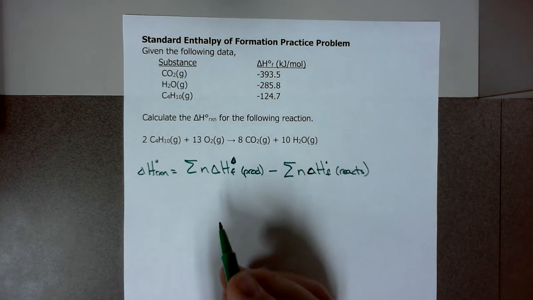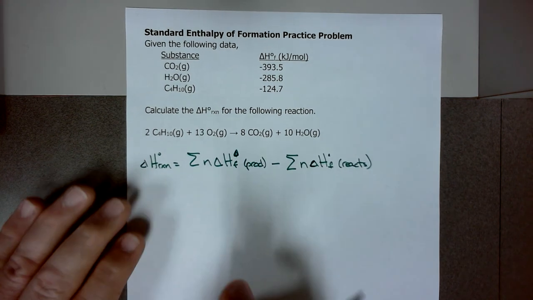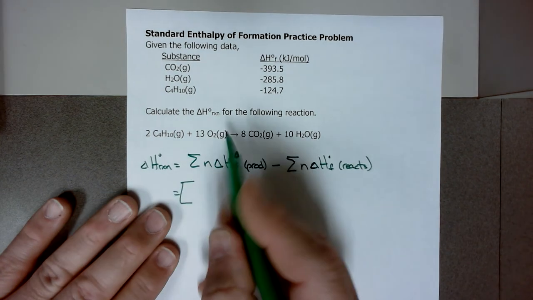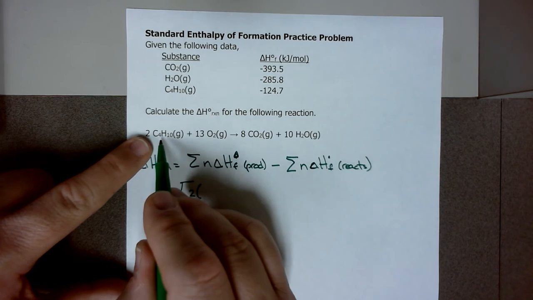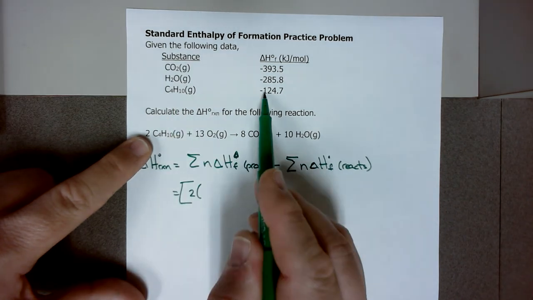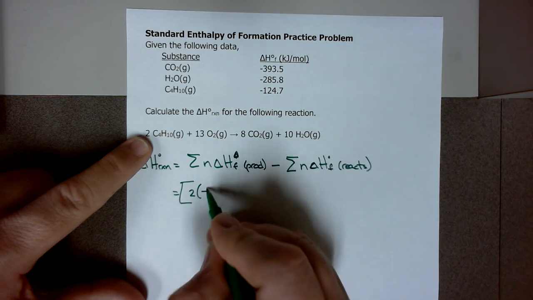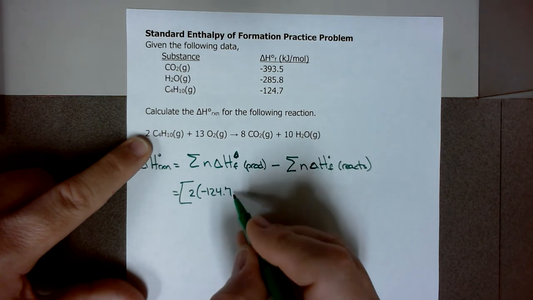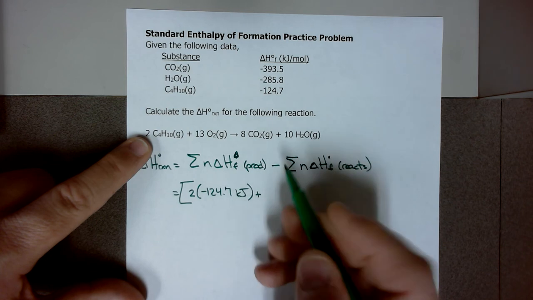Now all we do is take the values and put them in. Here I've got 2, so I'm going to go 2 times the value of this, and that's going to be a negative 124.7 kilojoules plus 13.